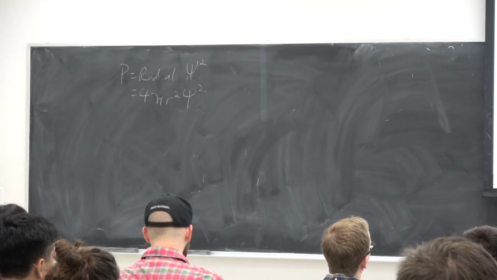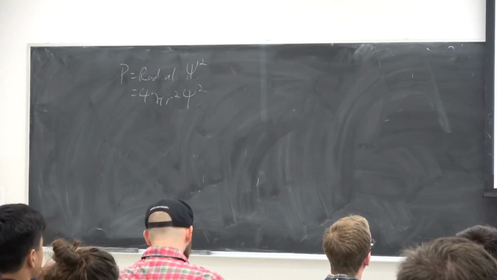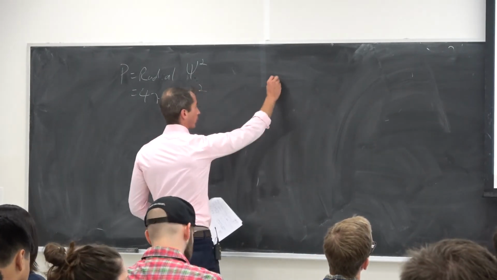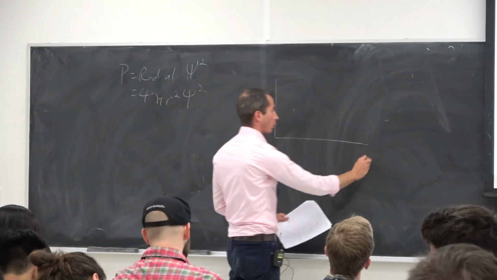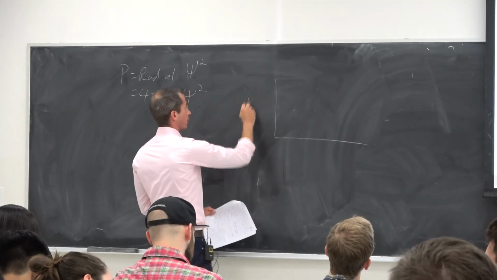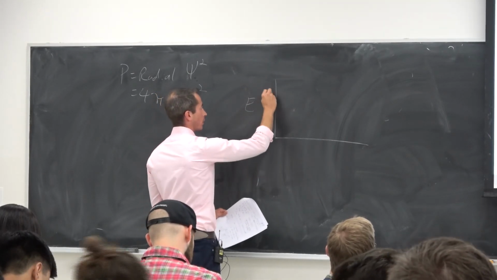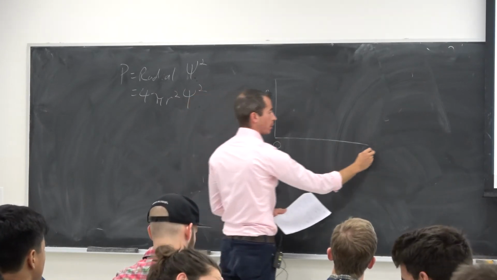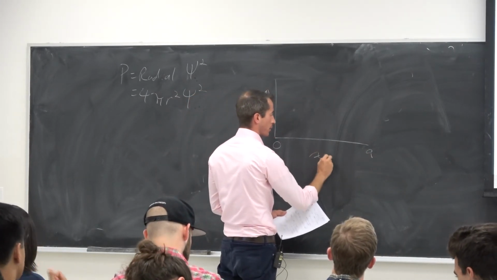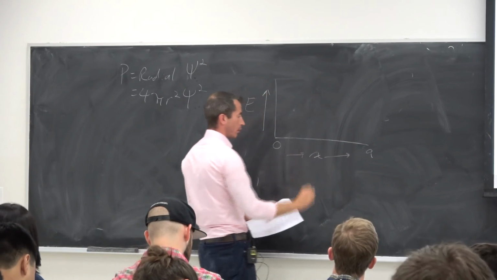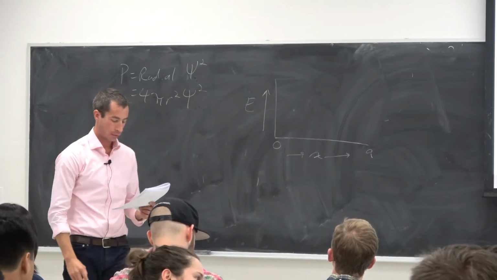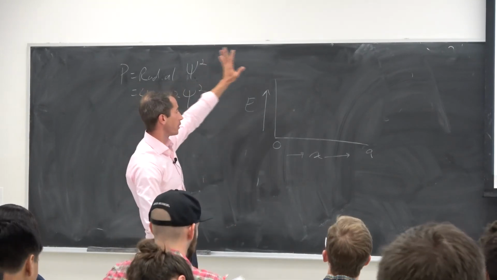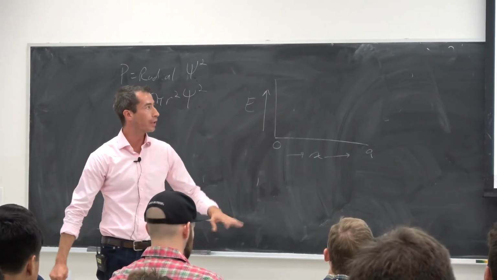So one of the first examples that people generally walk through is the notion of a so-called particle in a box, where energy is increasing, and this ranges from a value of 0 to a, and this is x. Outside of this well or box, you have infinite energy.